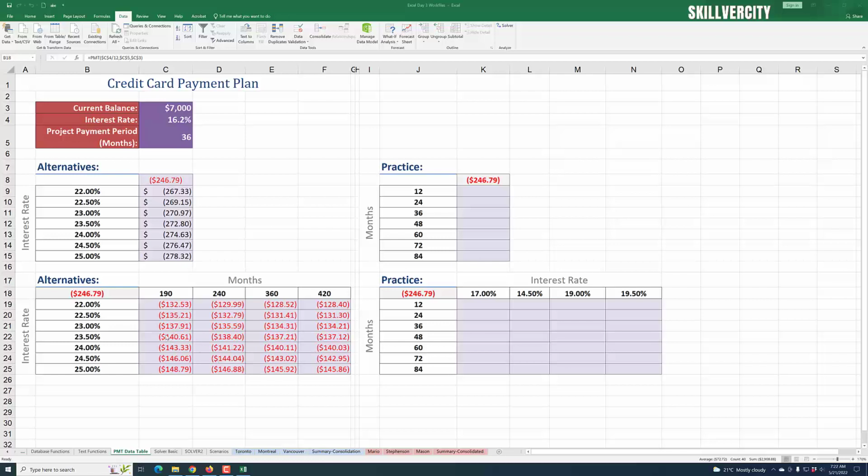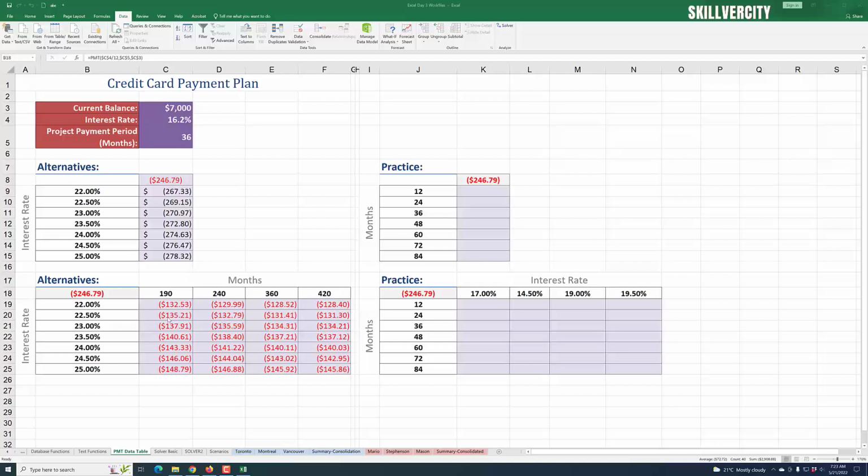So even if you are paying an interest rate of 22% and you stretch it over 420 months, which is about 35 years, your payment will reduce to $128.40. So it is the same if you go across the board, because you're stretching it over a long period of time.